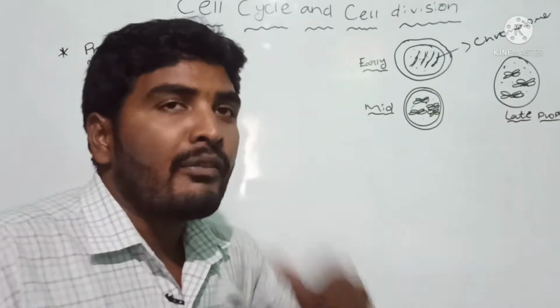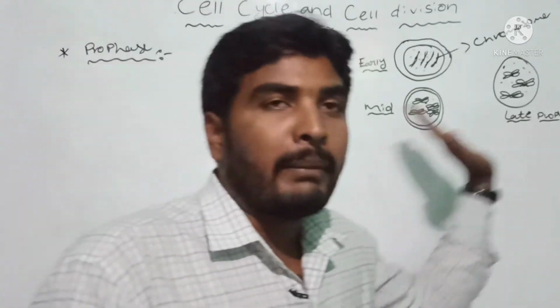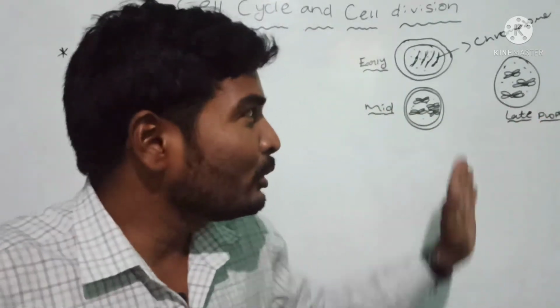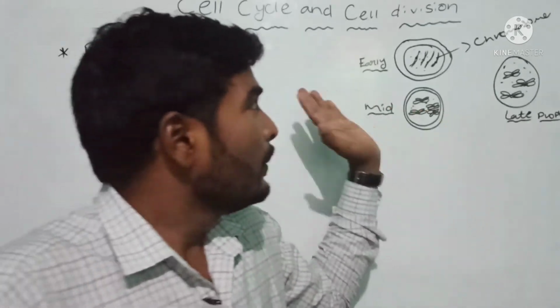Due to the disappearance of the nuclear membrane, chromosomes can migrate from the nucleoplasm to the cytoplasm. These are the prophase stages.